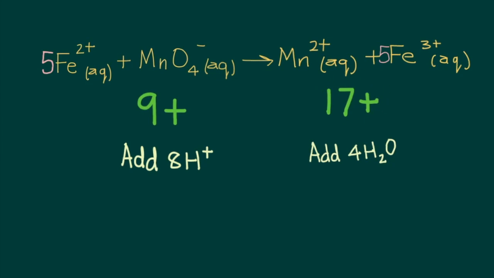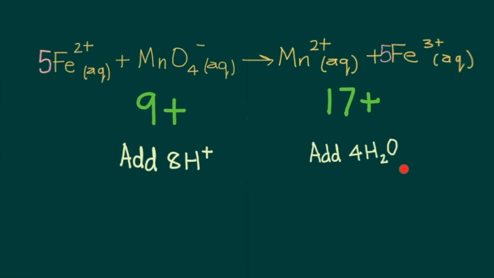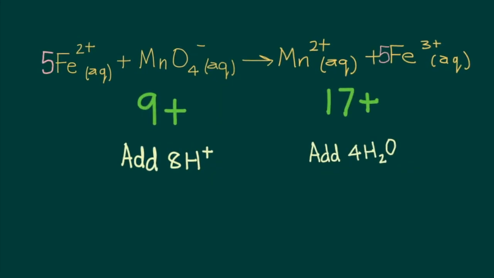The good news for students of IB chemistry is that the types of reactions that you're asked to balance would always be solved by the addition of hydrogen and the addition of water, because the difference in charge is positive 8. We can add 8H plus to this side.